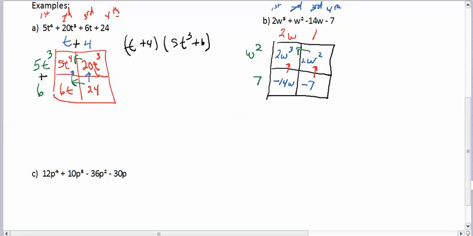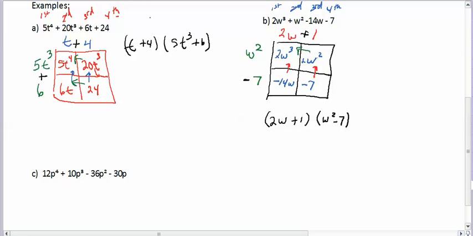The sign, again, will come from this: this is a positive, and the sign here makes that a negative. So now I have 2w plus 1, w squared minus 7. Okay, so that's that one.